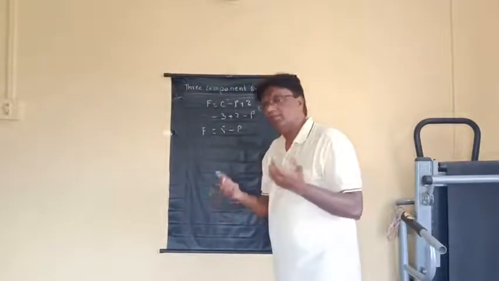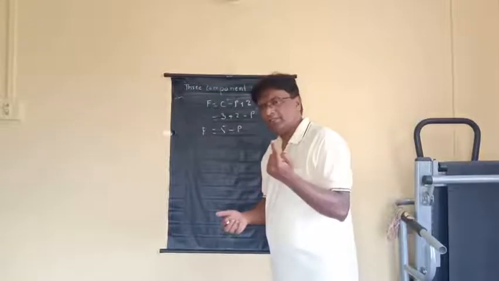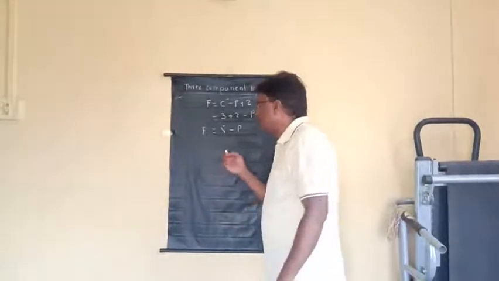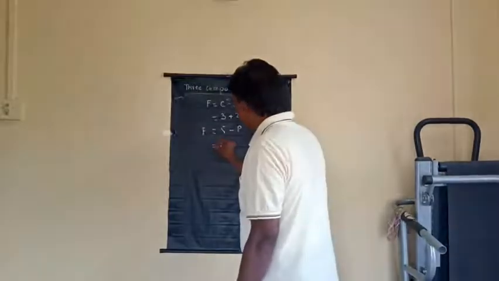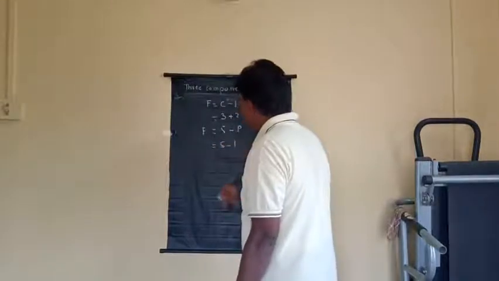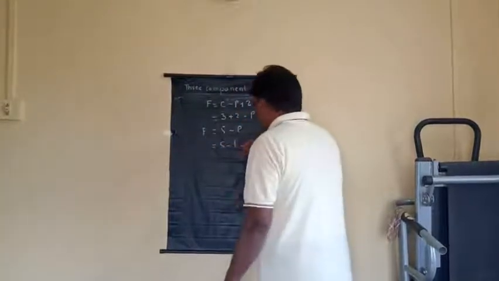In a system, minimum one phase is present, and therefore if we put that value here, we get 5 minus 1, that is equal to 4.